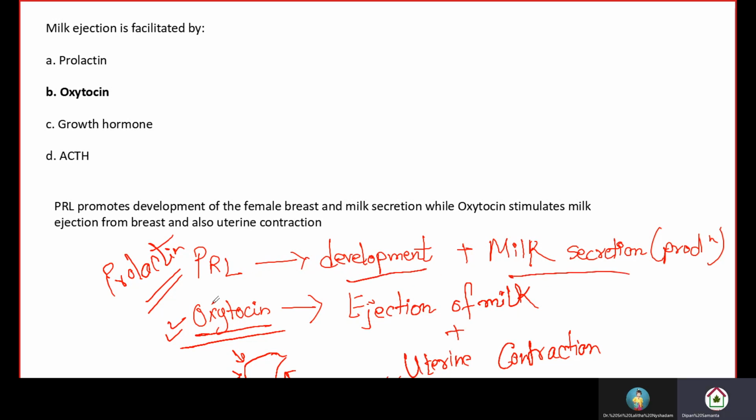That is prolactin. And oxytocin is ejection. So milk production, prolactin; milk ejection, oxytocin. Here they asked for ejection, so the answer is oxytocin.